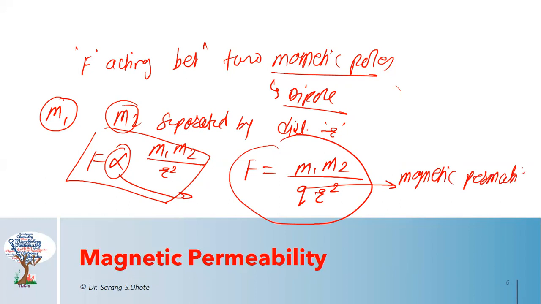So what is the magnetic permeability? The magnetic permeability is defined as the measure of the conducting power of the substance for magnetic lines of force as compared to vacuum.